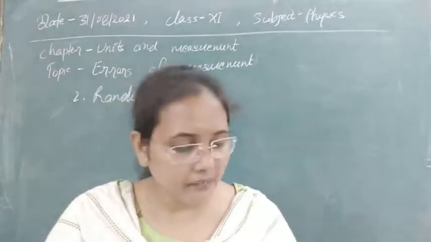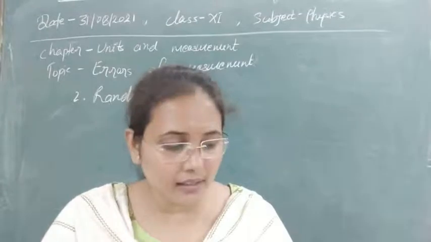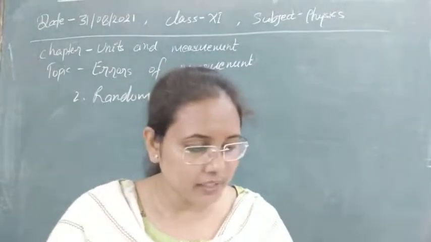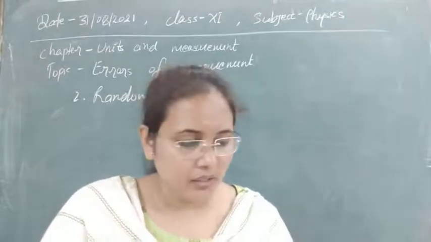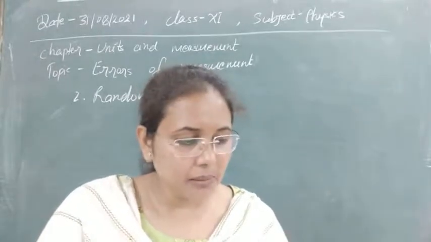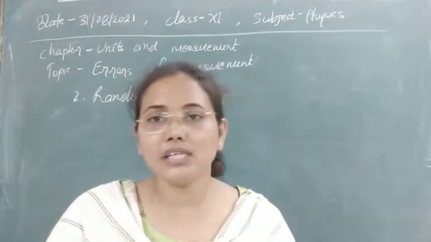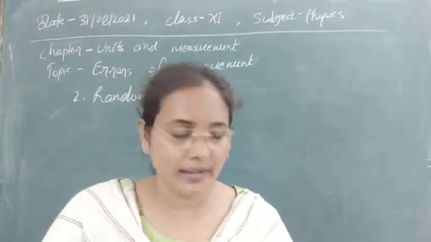Random errors are random with respect to sign and size. Sometimes random errors may be positive, other times negative. Similarly, sometimes they may be big, other times small. So errors are continuously changing here, that is called random error.